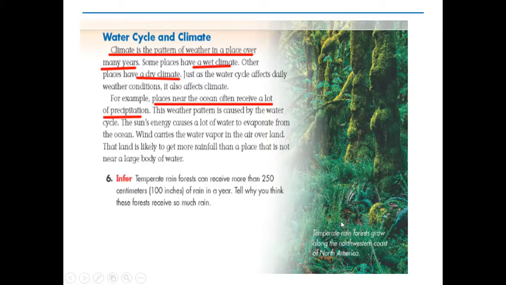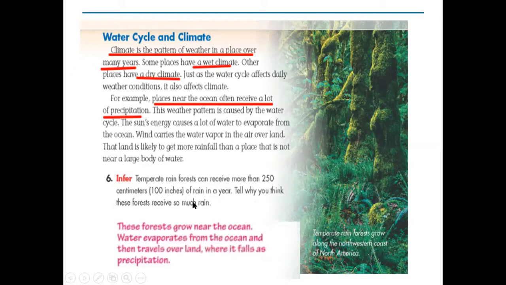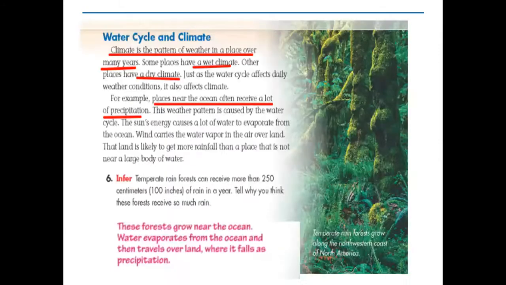Infer: temperate rain forests can receive more than 250 centimeters, 100 inches, of rain in a year. Tell why you think this forest receives so much rain. Because this forest grows near the ocean, water evaporates from the ocean and then travels over land, where it falls as precipitation.